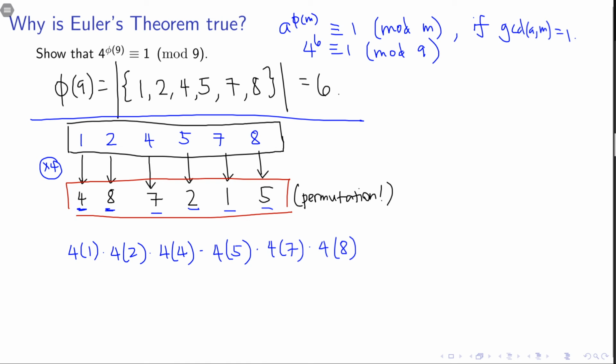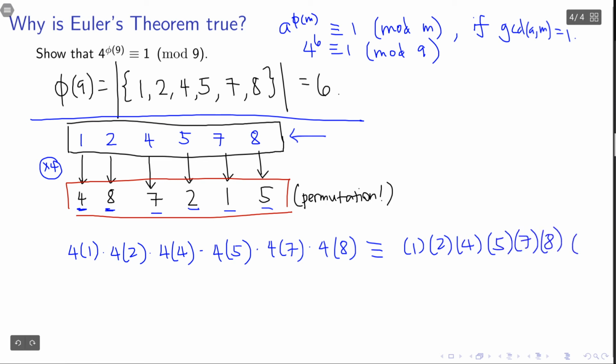So if I multiply everything in the red box together, that should be congruent to, well, just the product of 1, 2, 4, 5, 7, and 8, right? Before I multiplied by 4. And this is modulo 9.